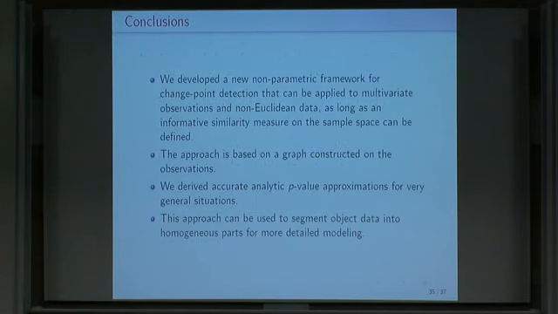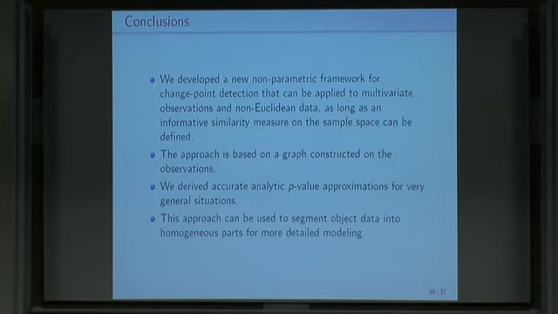So basically, I finished most of my talk. I think it's just on time. And basically, we propose a new non-parametric method for detecting change points in a sequence of multivariate observations or even more complex types of observations, such as networks.